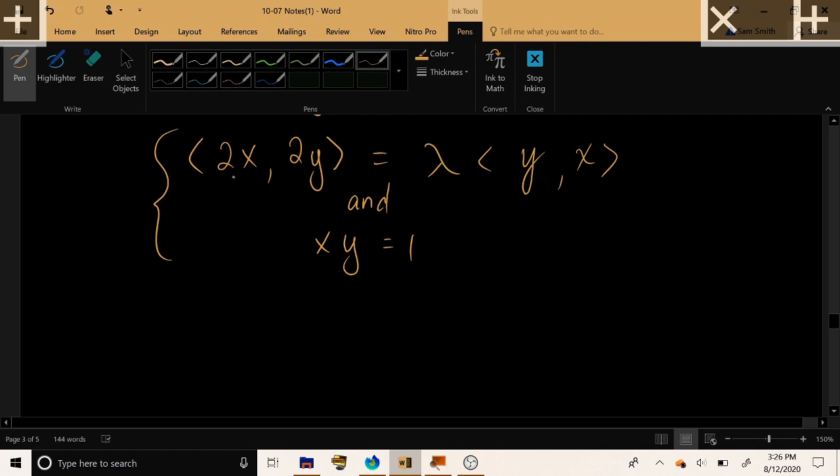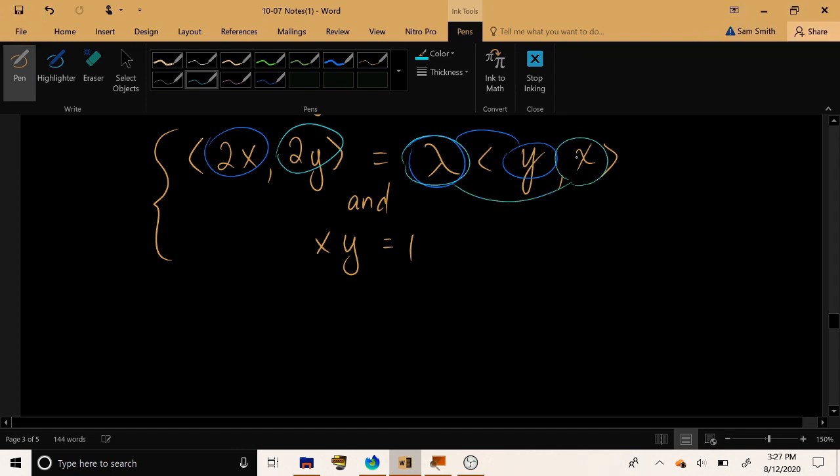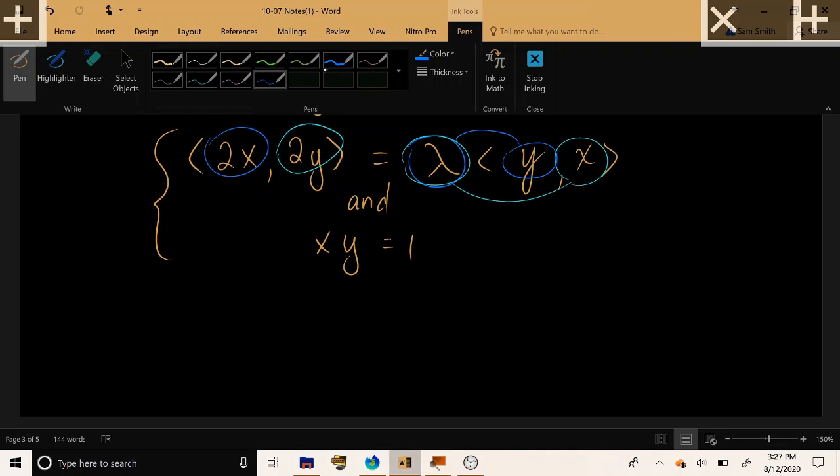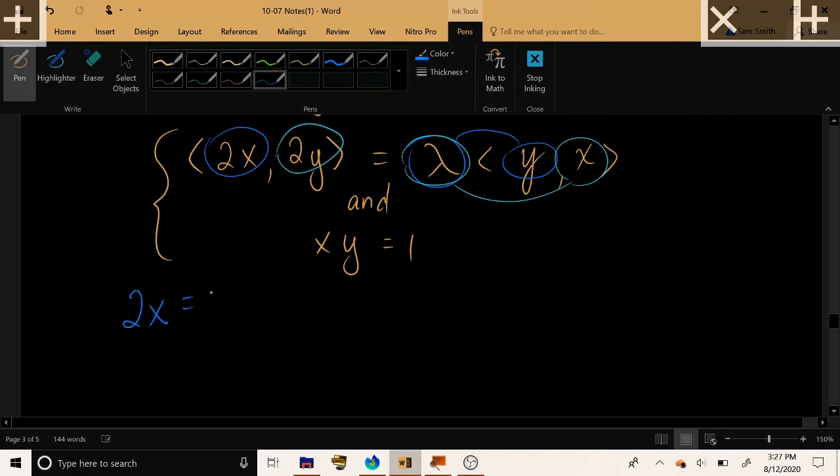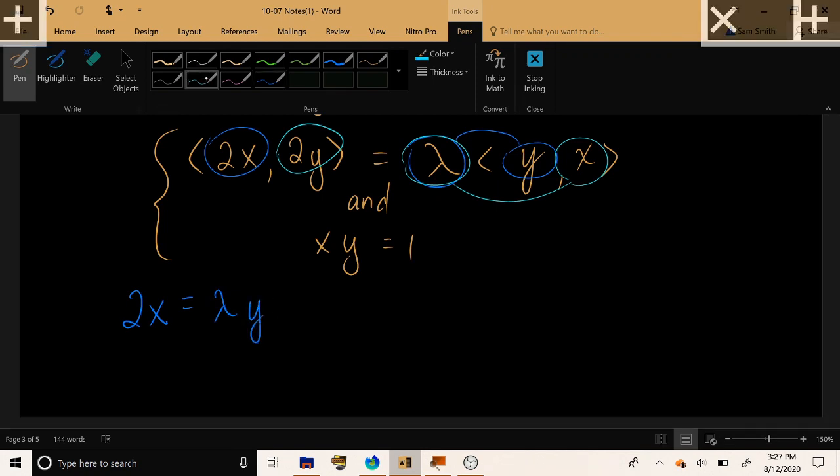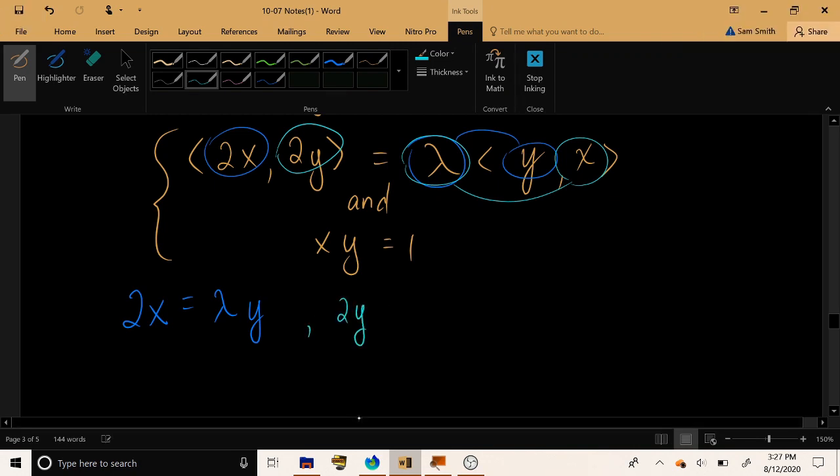Because for the first equation, if we want to make these two vectors match up, they have to be exactly the same, not just in their x coordinates, but also in their y coordinates. So if I look at the x coordinates, that says that 2x must be equal to lambda times y. And if I look at the y coordinates, that says that 2y must be equal to lambda times x.